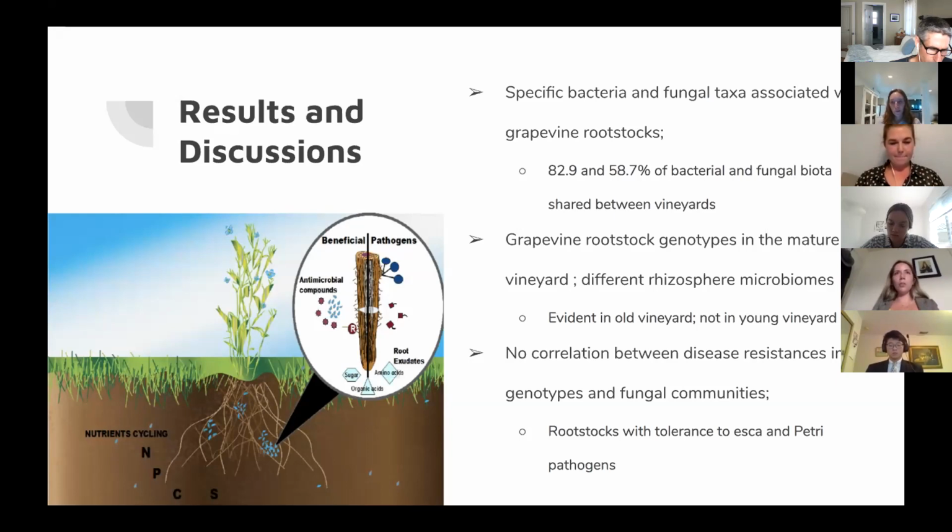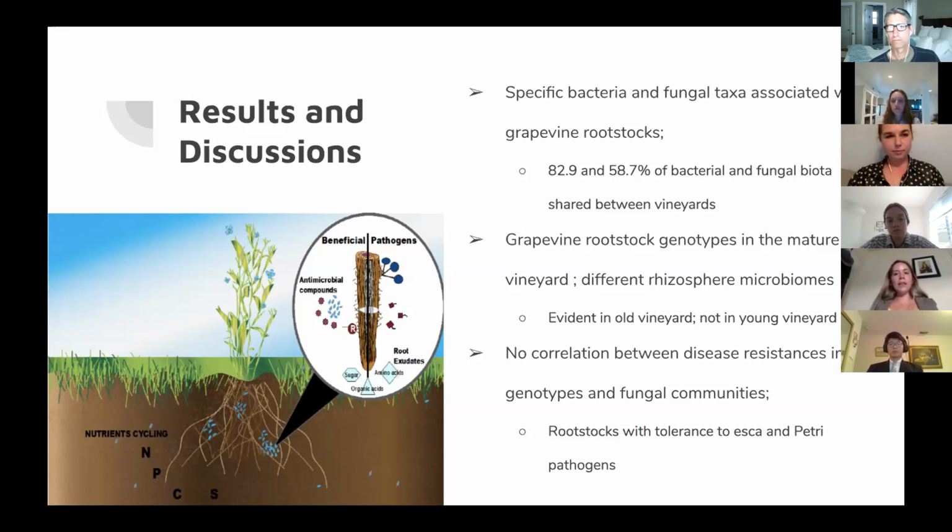And I don't believe I mentioned this earlier, but the soils within the vineyards are the same, and they're not necessarily far apart from each other, but it's just the difference of a mature vineyard and a younger vineyard.